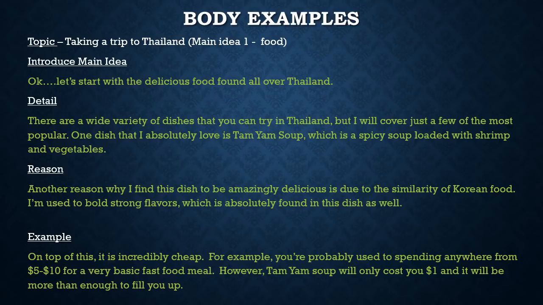Again, I'm giving a comparative example of typical fast food that's a bit expensive compared to this delicious food that is very cheap, right? So set up some situation that gives an example and shows why your belief is true, right? Or why the statement that you're giving is to be valid, okay?